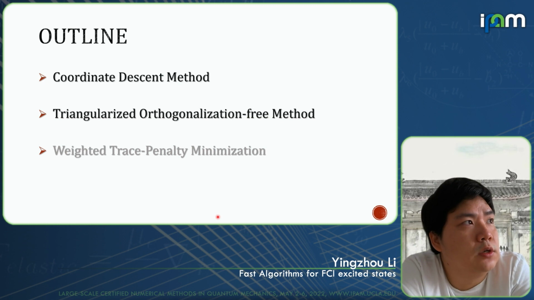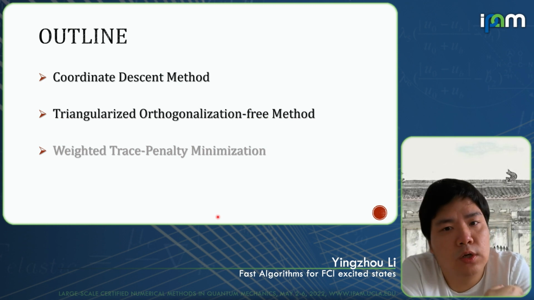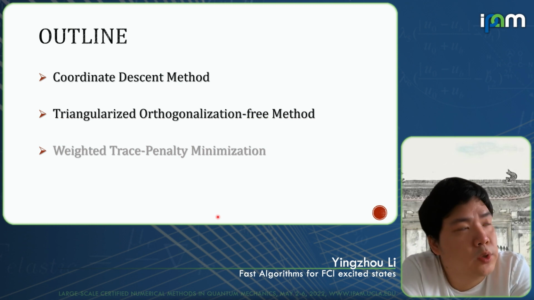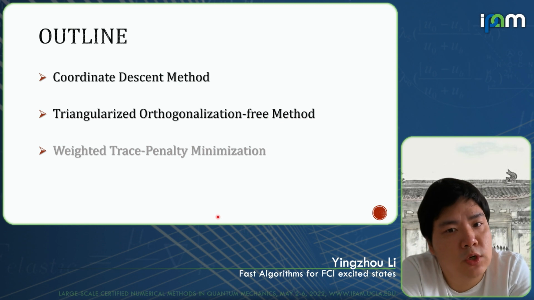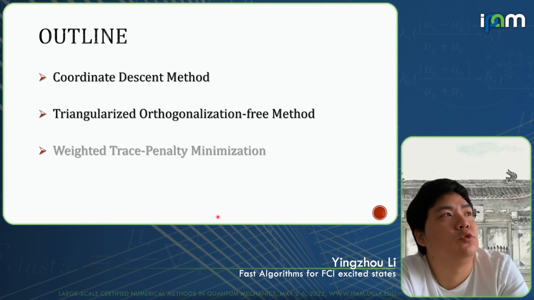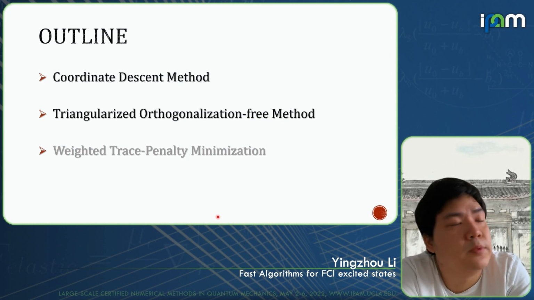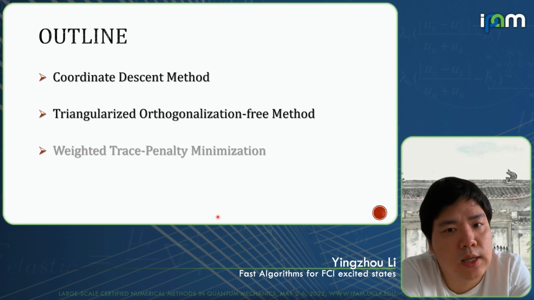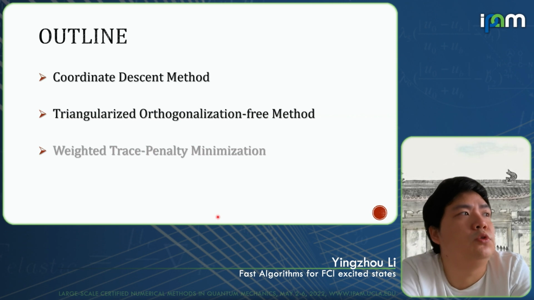The second method is still under development, so we just apply it to small size problems, and later we will extend it to FCI problems from practice. We also have another method parallel to the triangularized orthogonalization-free method, the so-called weighted trace penalty minimization method. Due to the time constraint, we might not be able to introduce that.